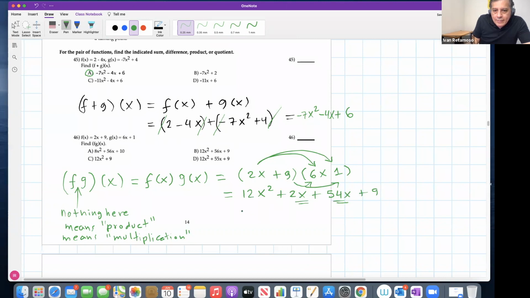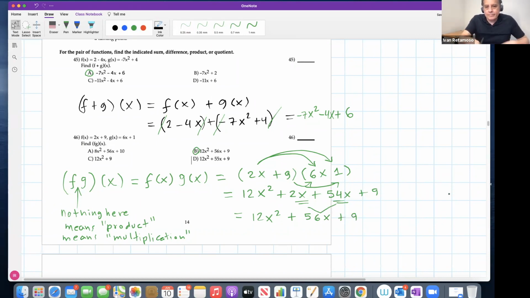Combine these 2 like terms at the center, and therefore you should get this, right? It's the combination of these 2 like terms. 46, therefore, should be this one.